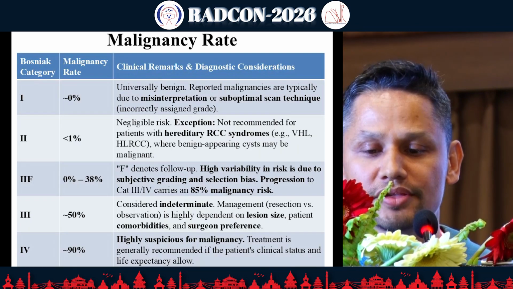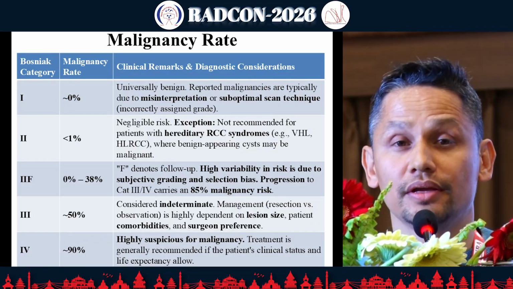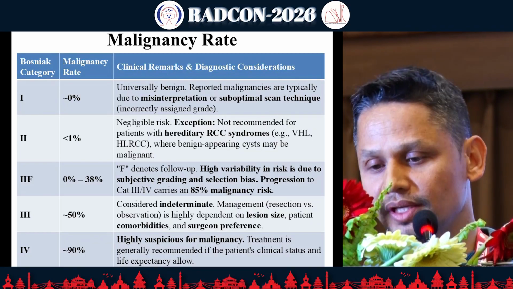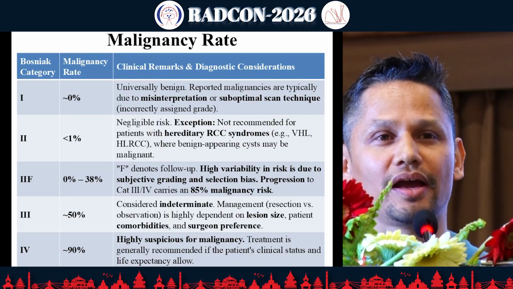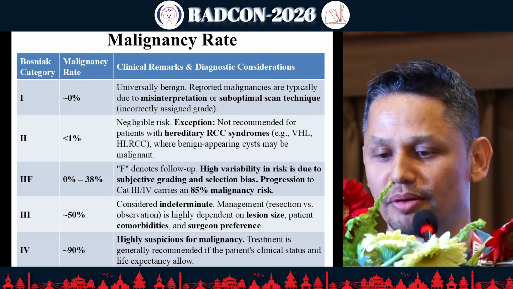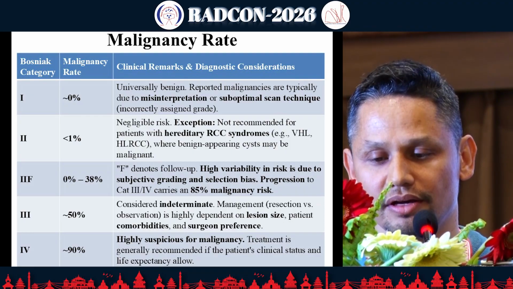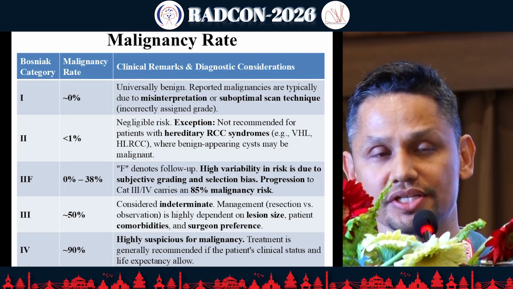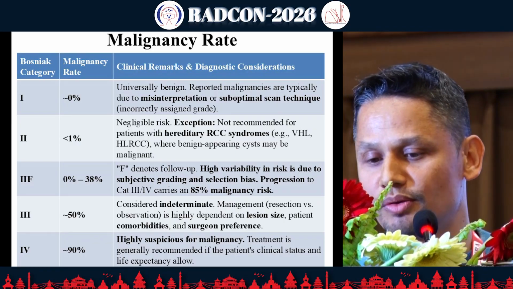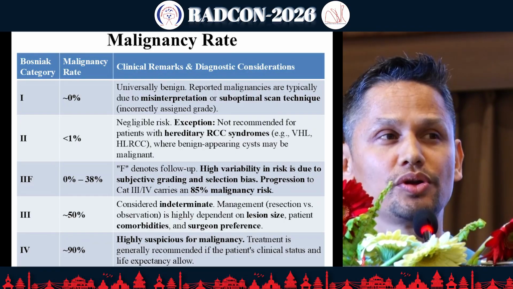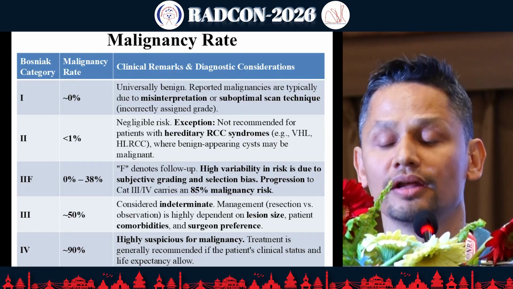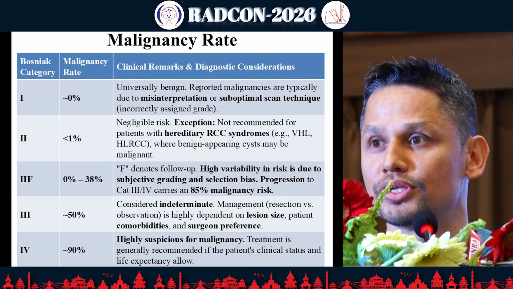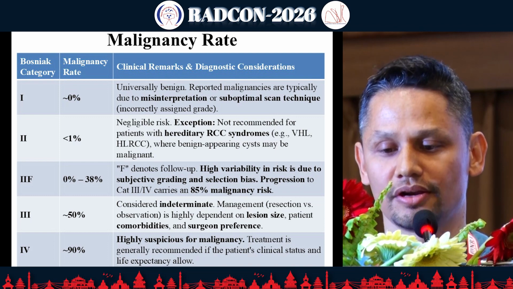Looking at the malignancy rates, class 1 is virtually always benign, but due to suboptimal technique and errors in reporting, there may be some malignancy in resected cases. Class 2 is less than 1%, but this classification should not be applied to certain renal syndromes like BHD and hereditary leiomyomatosis and renal cell carcinoma.